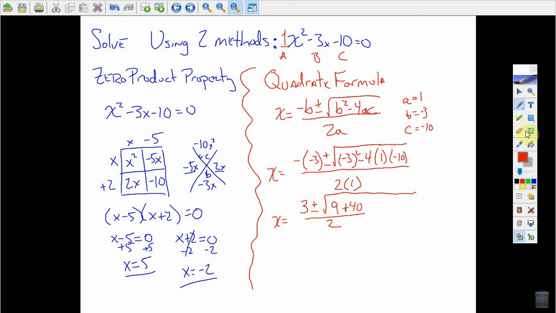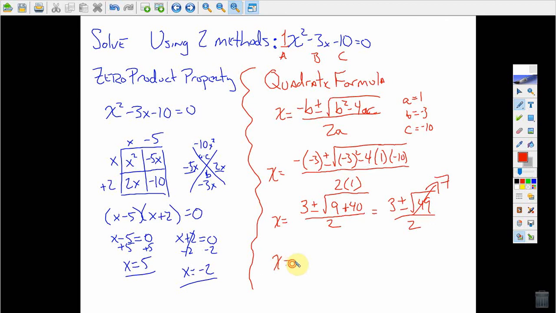So underneath our radical here, we're going to have 49. So we're going to have 3 plus or minus the square root of 49 over 2. Well, the square root of 49 is just 7. It's a perfect square.